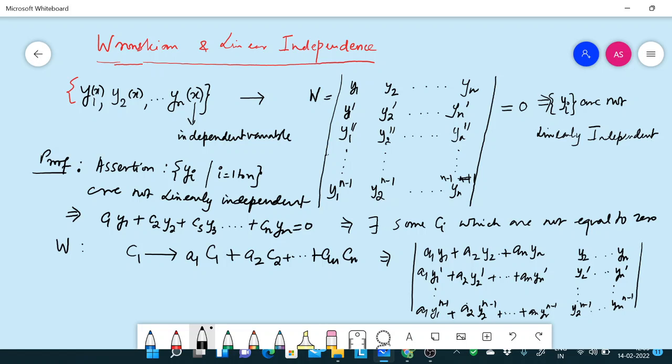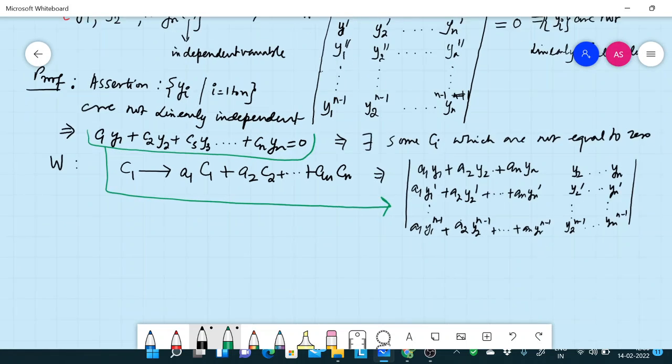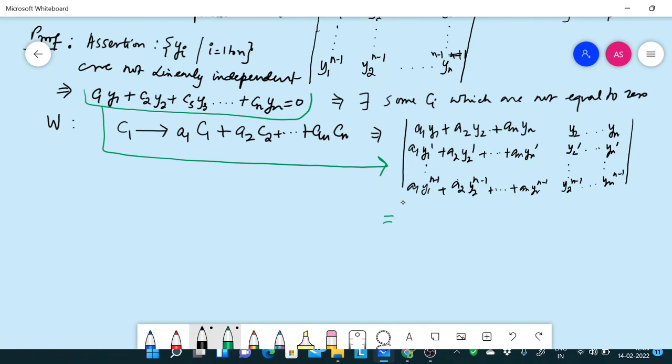Now what we will do next is use this condition here. If we use this condition, our first column will become 0 all throughout. The other columns remain as they are, up to yn prime and yn to the (n minus 1).